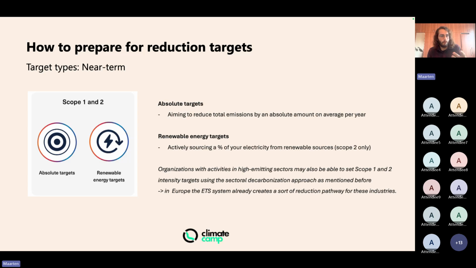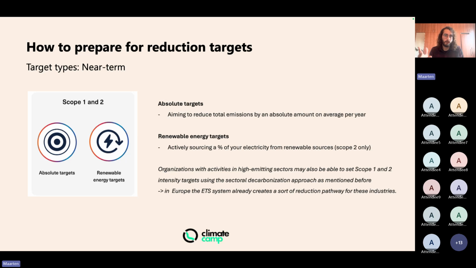Now, what types of targets do we have? How can we compose targets to create a total reduction target across your entire GHG inventory? First, we have scope 1 and 2, which only has two targets. Either you set an absolute target, so aiming to reduce total emissions by a certain percentage on average per year, so 4.2% per year over 10 years, or so many percent over 5 years, for example, or somewhere in between.